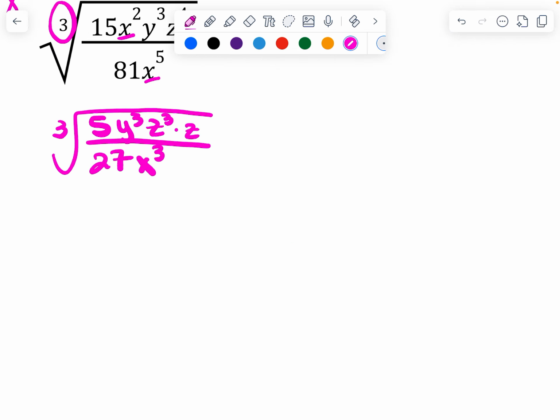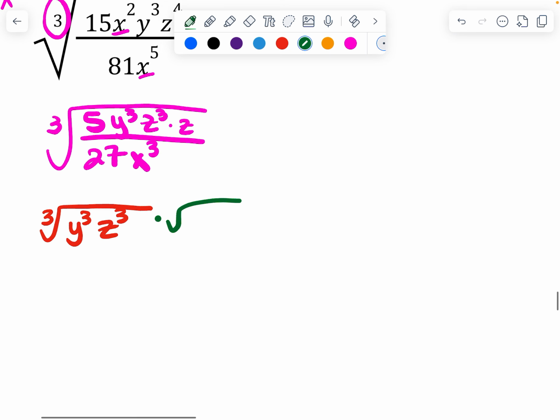Okay, so now let's take the cube roots. We cannot take the cube root of some of these things. So let's go on top. The cube root of what I can take the cube root of: y to the 3rd, z to the 3rd. What I can't take the cube root of: 5 and z. Okay, and the denominator.